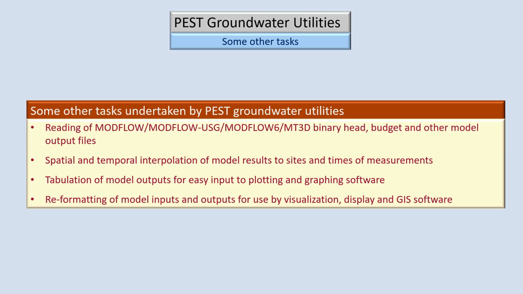Some were written to read input files for these same models, and reformulate their construction in other file types that can then be imported into visualization or GIS packages for display. So, some of the utilities have little to do with the use of PEST. Many of the others were designed specifically to enhance the use of PEST with one or a number of particular groundwater models.